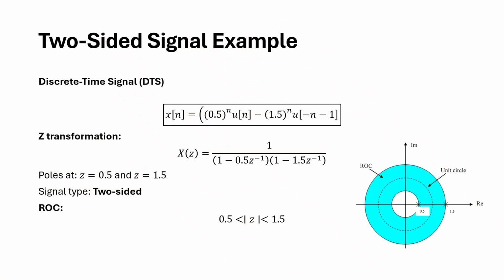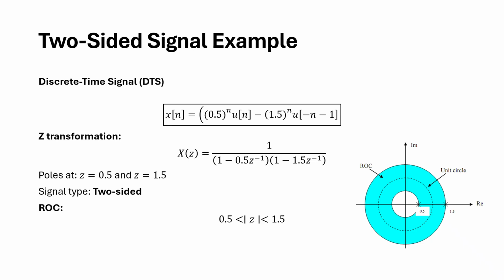For a two-sided signal, let's take something like x of n equal 0.5 to the power n u of n minus 1.5 to the power n u of minus n minus 1. A typical two-sided signal might have z transform with poles at z equal 0.5 and z equal 1.5. The right-sided part contributes a pole at z equal 0.5 with ROC z greater than 0.5, while the left-sided part contributes a pole at z equal 1.5 with ROC z less than 1.5.